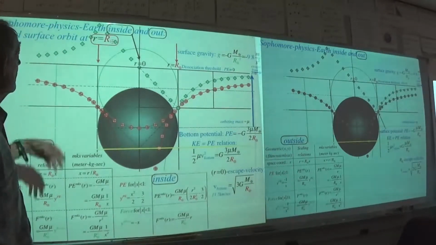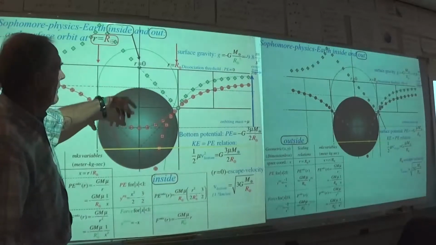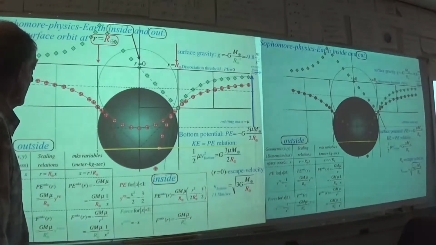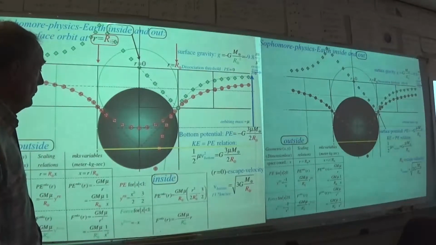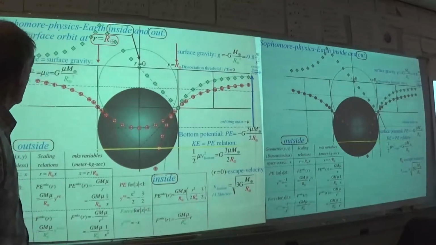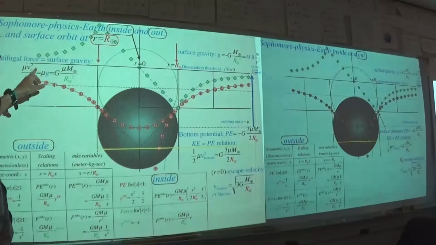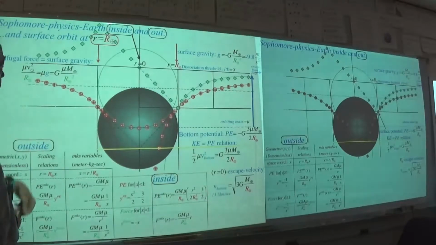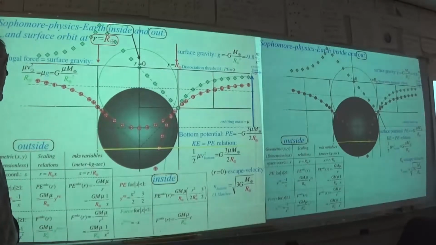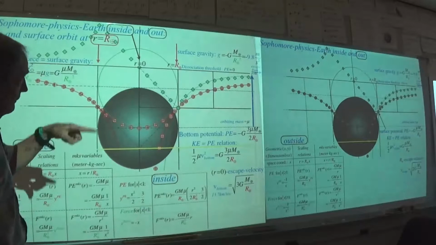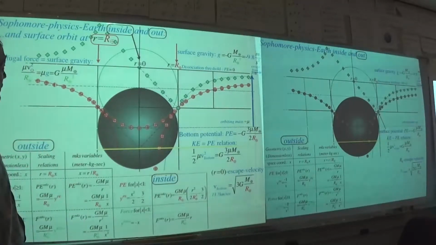Inside and out, the surface orbit right there, that particular energy is obtained fairly easily just by using the centrifugal force, mass times velocity squared over the orbit radius, which is the radius of the Earth.